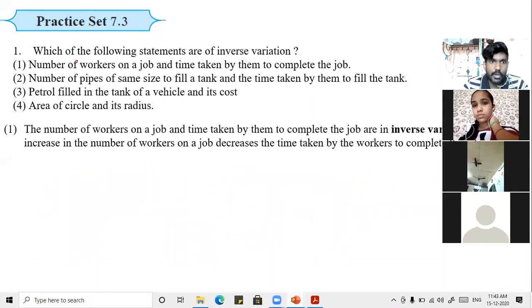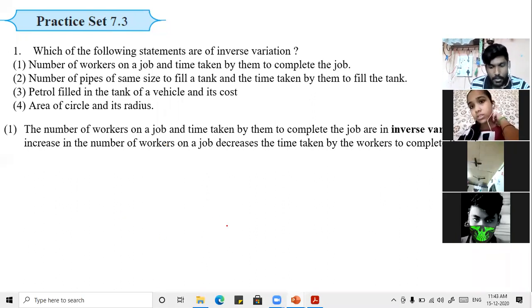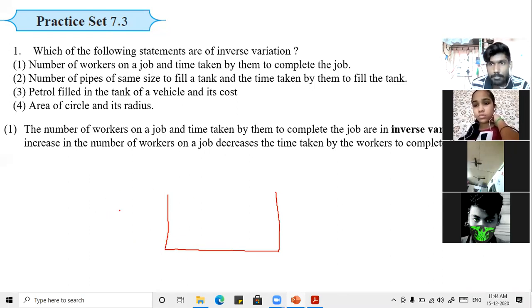Number of pipes of the same size to fill a tank and the time taken by them to fill the tank. Inverse. Okay, I'll explain this statement and then you again tell me whether it is inverse or not. Suppose this is a tank and we have a pipe from the right side and from the left side, for example.